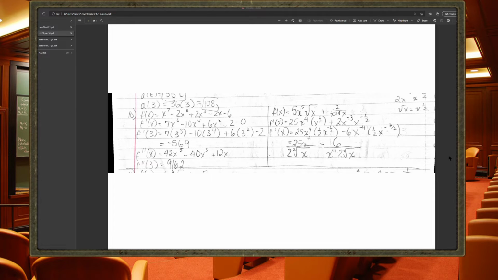But for this one, the problem is actually a little bit more of an issue, and how it happened is right here. So writing it like this and not rewriting it into a more workable form, which I'll show you in a second, means that you're going to have to use the product rule, because you've got a product of x to the fifth times x to the 1/2, right?